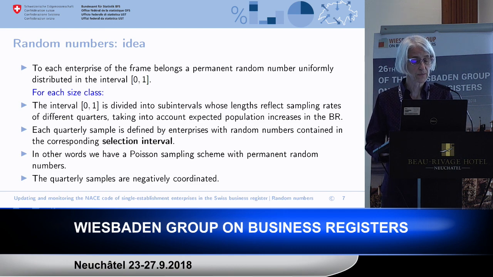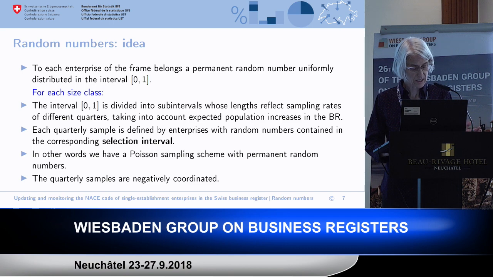The quarterly samples are negatively coordinated, which means they do not overlap. To better understand the idea, suppose we have 0 increase in the business register for the mid-size enterprises. We want to update their NACE code within 3 years. This means in 12 quarters. To achieve this, we will divide the interval 0-1 into 12 subintervals of equal lengths.